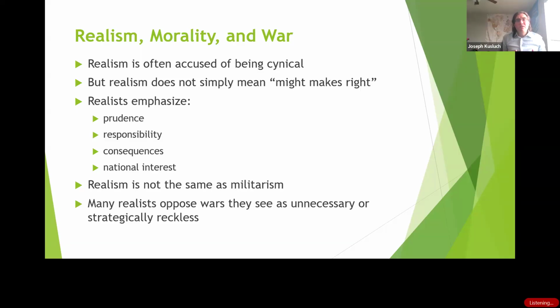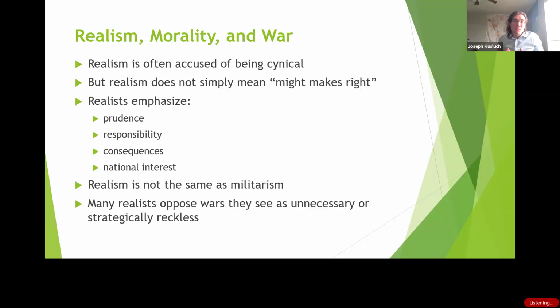A leader cannot only ask, are my intentions good? A leader must also ask, what are the most likely consequences of my actions? In this sense, realism often distinguishes between an ethic of conviction and an ethic of responsibility. An ethic of conviction focuses on acting according to moral principle.